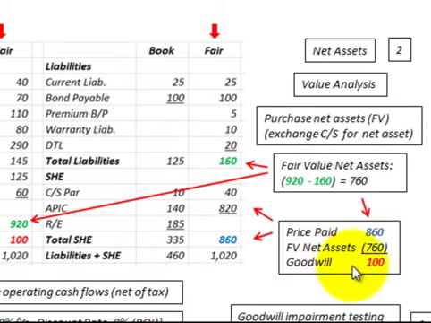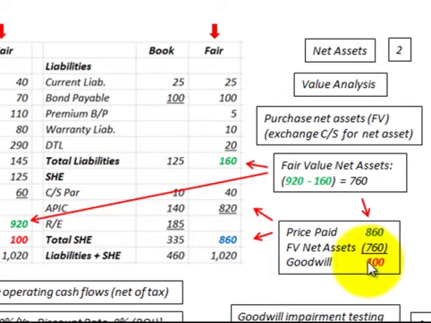Next thing we have to determine is the goodwill involved in this acquisition. The price that was paid by Corporation A was $860,000. That was the value of the stock that they issued. And then we look at the fair value of the net assets received by Corporation A. That was $760,000 worth. So looking at the difference between the price paid of $860,000 and the fair value of the net assets received of $760,000, we have goodwill of $100,000.